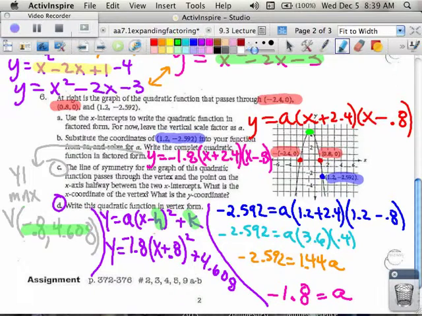This ending answer here that I see in the yellow highlight is my vertex form of my parabola. y equals negative 1.8 (x plus 0.8) squared plus 4.608. And I found that because I just got done finding my vertex, which was my maximum value area.